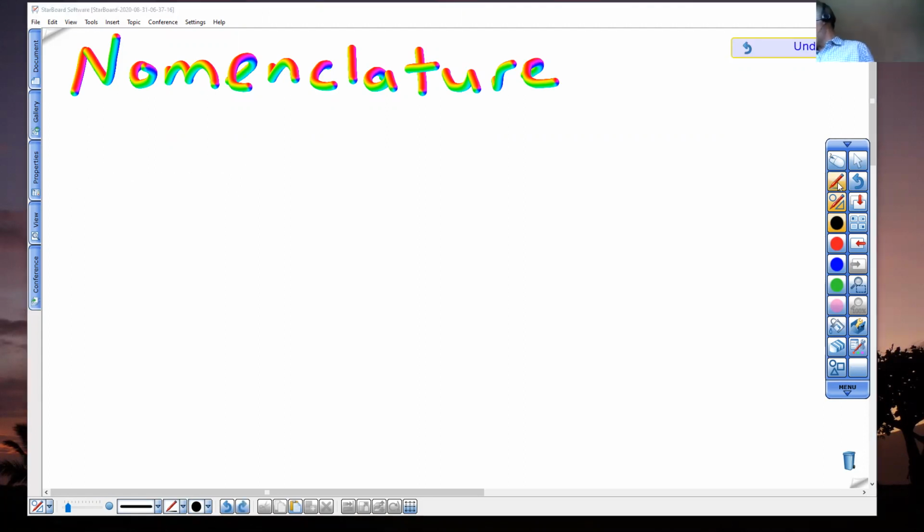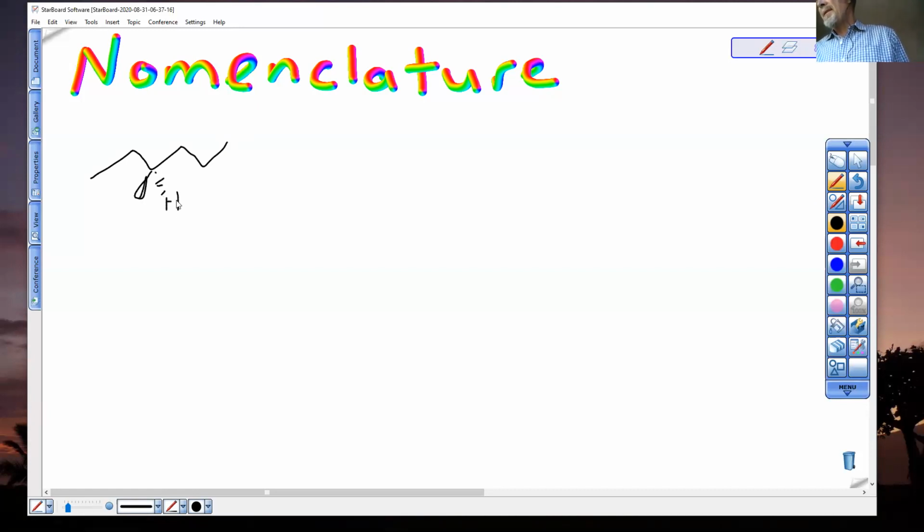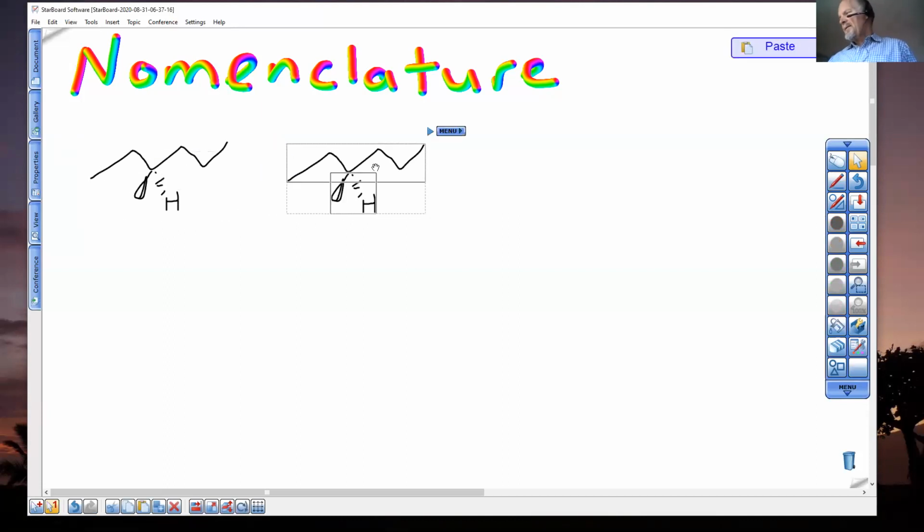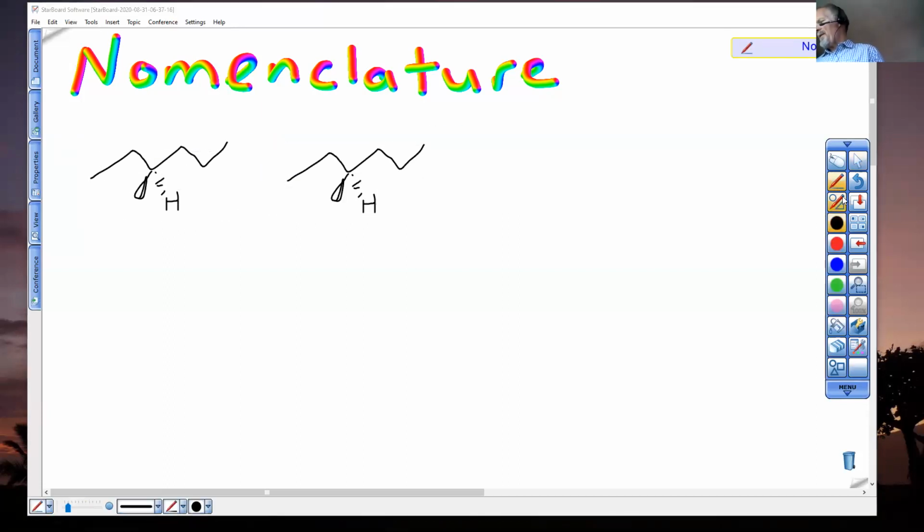Not good for zigzags. All right. And simple stereo center there. So when we're naming these things, got to do your numbering first.